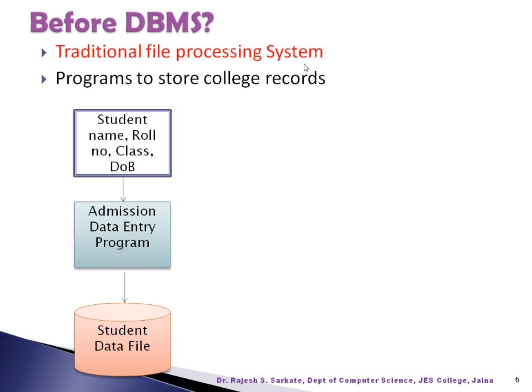In the traditional file processing system, that means before DBMS, there was a program written for admission data entry. Whenever a student goes for admission, this program is opened. This program accepts the student name, maybe assigns a roll number, class, date of birth. So all the information about the student is inputted through a program. Okay, the admission data entry program accepts whatever data is entered by the user and stores that data in a separate file called the student data file.